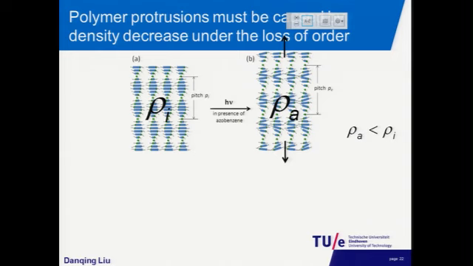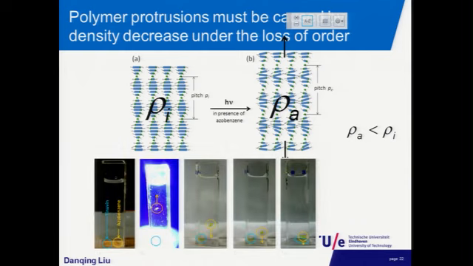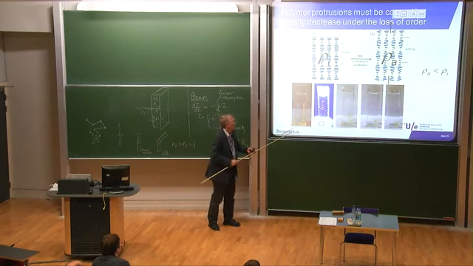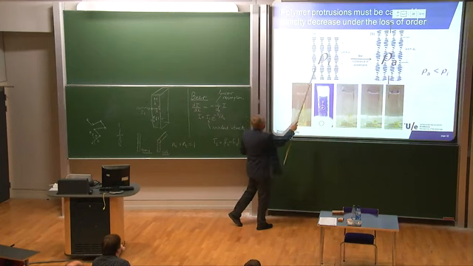So that is a nice experiment to check whether that is really the case, and this is how we did it. We made a little film of this material, and we immersed it in a water-salt combination. With this water-salt combination, you can nicely and rather exactly set the density of the water. So you choose, for instance, water with a density that is somewhat lower than that of this film.